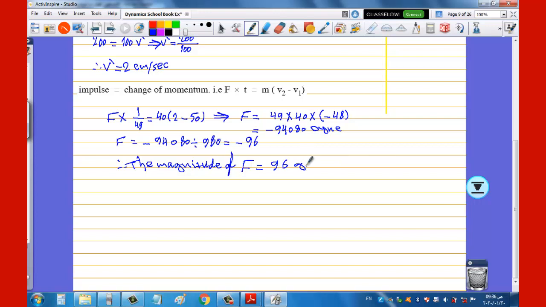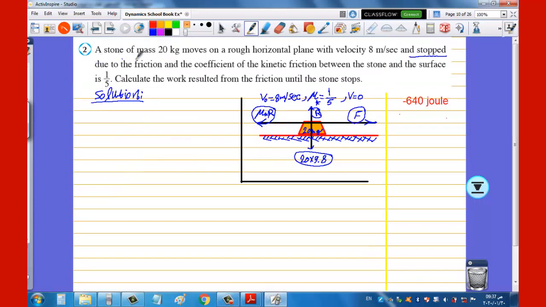Question 2. A stone of mass 20 kilogram moves on a rough horizontal plane with velocity 8 meter per second and stopped due to the friction, and the coefficient of the kinetic friction between the stone and the surface is 1/5.